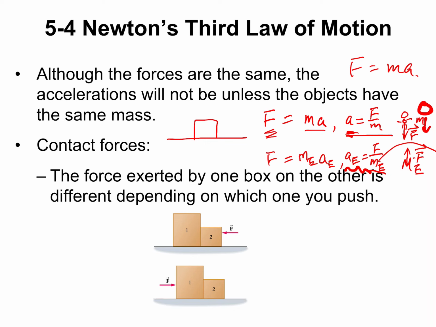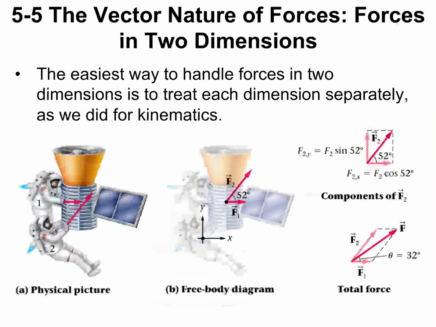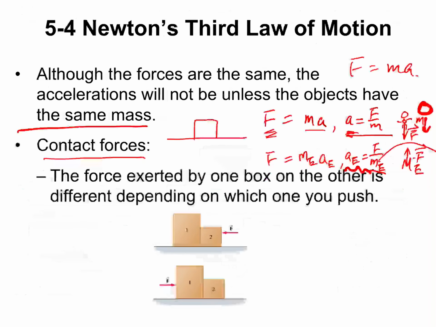Now let's look at different kinds of forces. The first force we talk about is contact force. Assume this is a very smooth, frictionless surface, and these are two boxes. You apply a force on the two boxes.